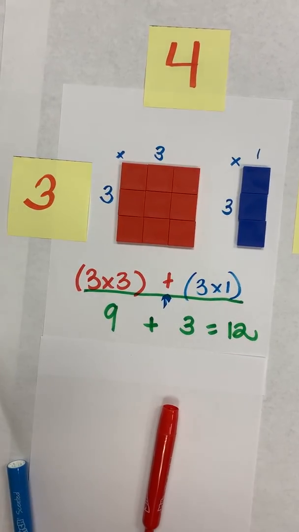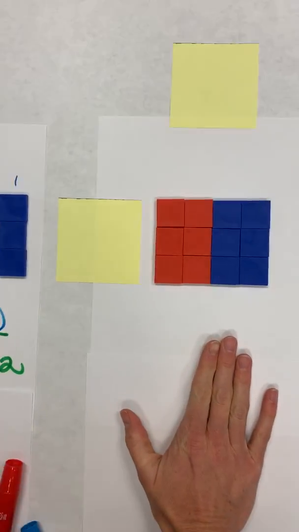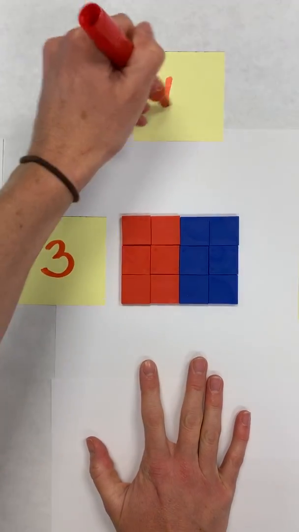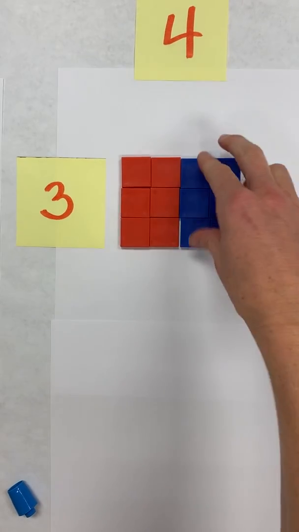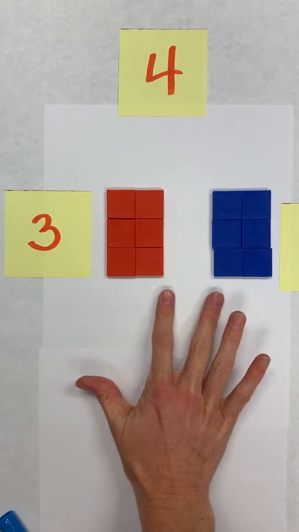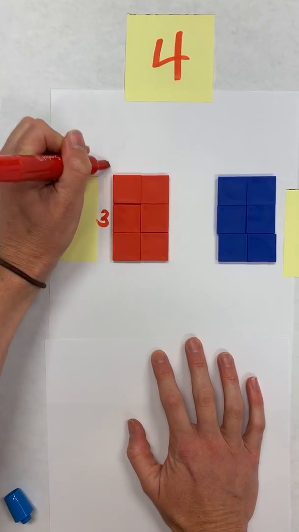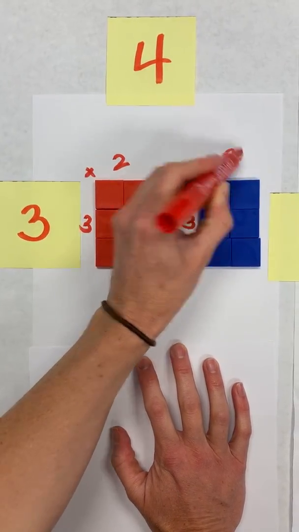So let's look at another example. If they started back with their 3 by 4 array, they could choose to partition or break apart the array into these 2 arrays, which would get you a 3 by 2 and another 3 by 2.